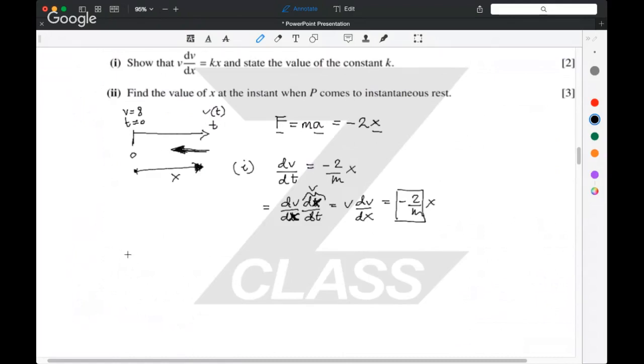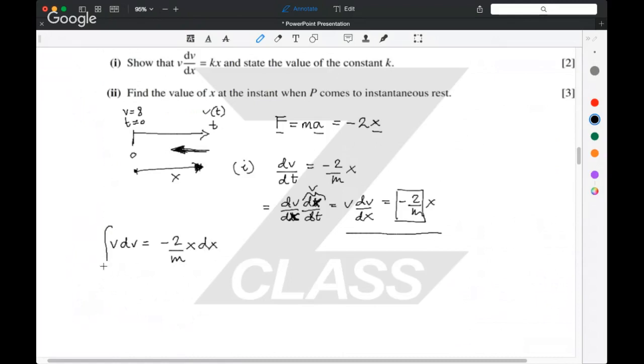Now, question 2 is the integration part. So we have this differential equation, and again we're going to do just simple separation of variables. Take all the v's on the one side, all the x's on the other, and then integrate both sides. So we've got v dv is equal to minus 2 over m x dx.